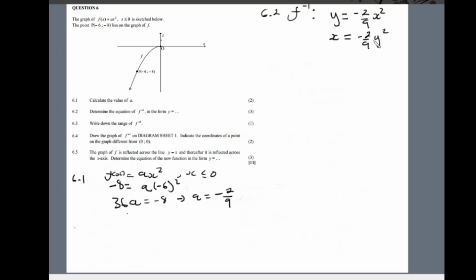Now I have to make y the subject of the formula. So y squared equals minus 9 over 2x, and then I'll take the square root both sides. It will have plus or minus the square root of minus 9 over 2x. But remember our domain is restricted.